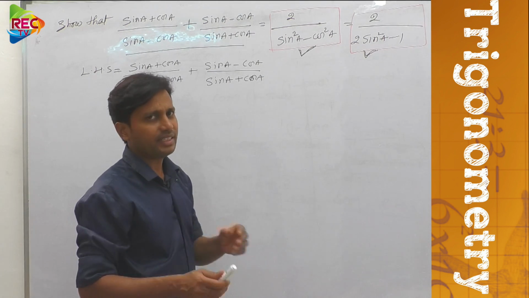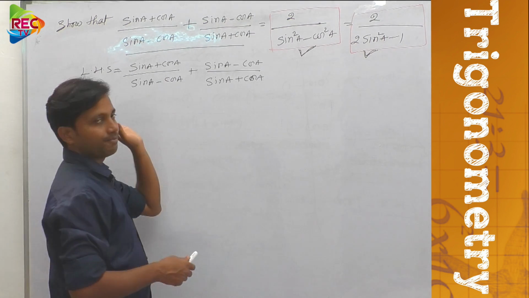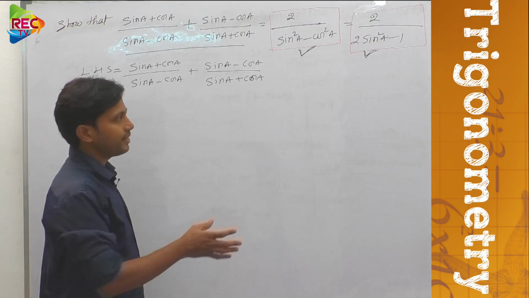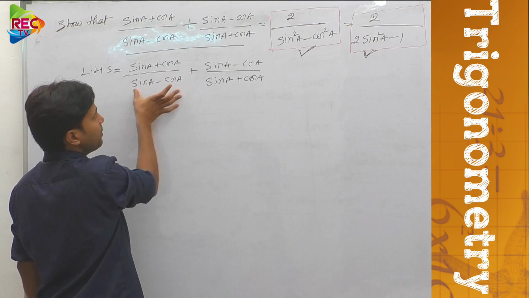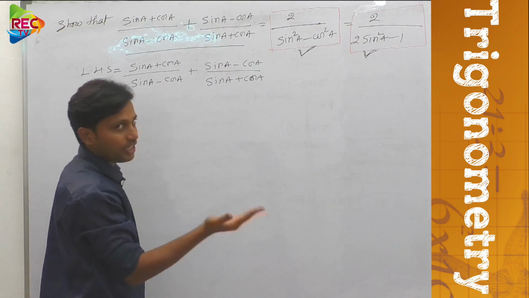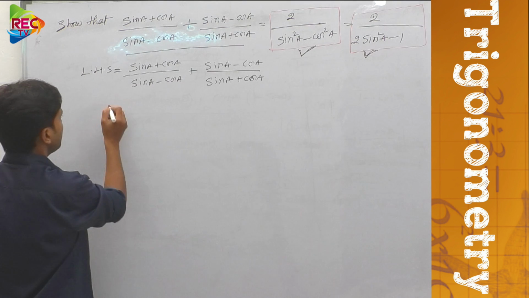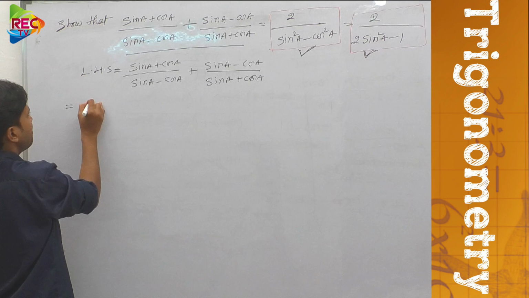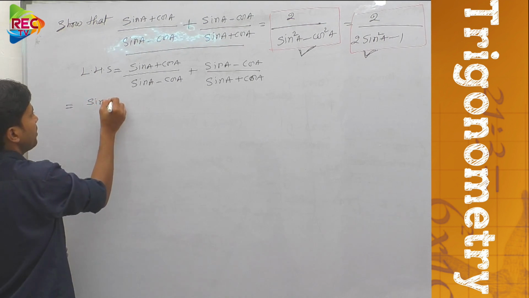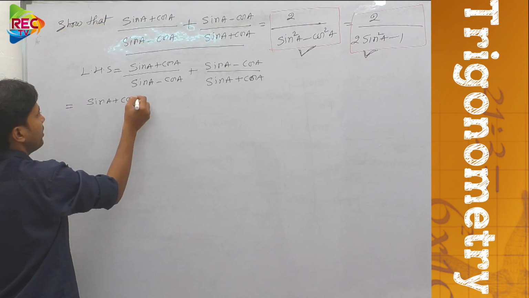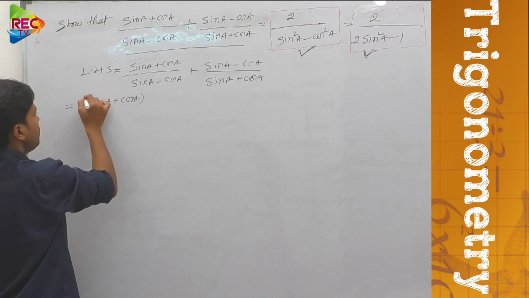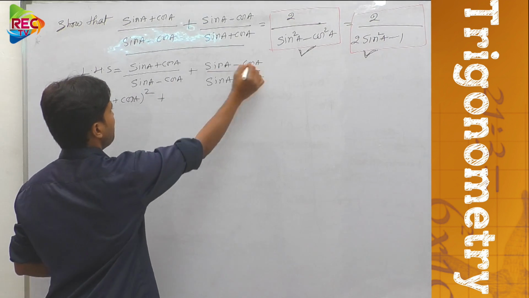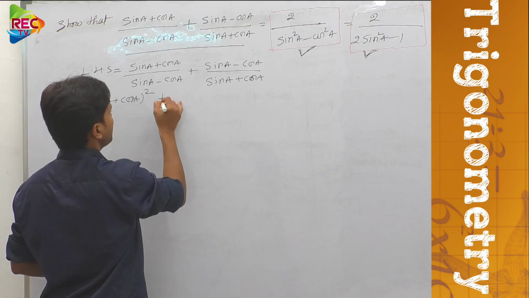So whatever is given, it doesn't matter, you need to take the LCM. To take the LCM, we need to multiply these two, and these two, and multiply these two in the denominator, that's it. So do it. Okay, sin A plus cos A into sin A plus cos A, that means sin A plus cos A is multiplied twice, so we can put a square, plus sin A minus cos A multiplied two times.